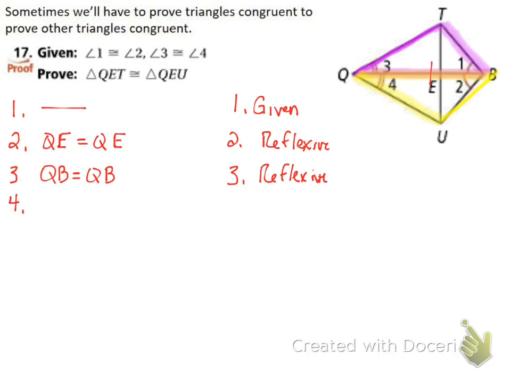So my fourth step is going to be that triangle QET is equal to triangle QEU. Oopsie, nope, that's not it. It's the wrong triangles. Triangle QBT is equal to triangle QBU. Sorry, my fault.